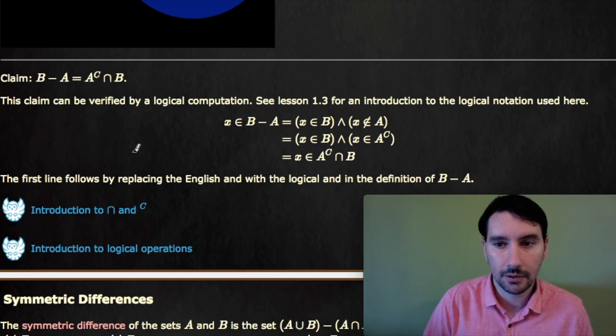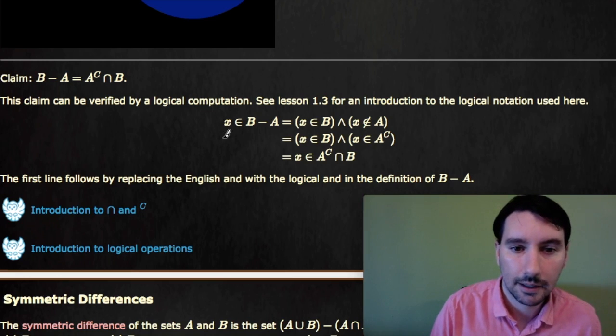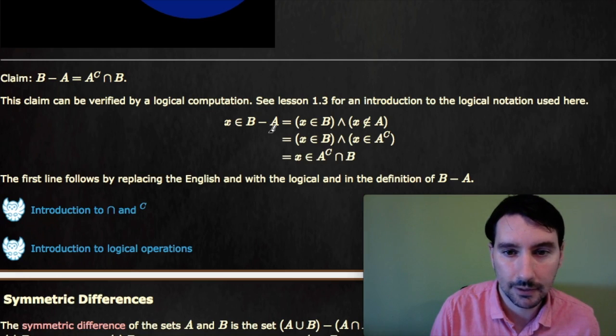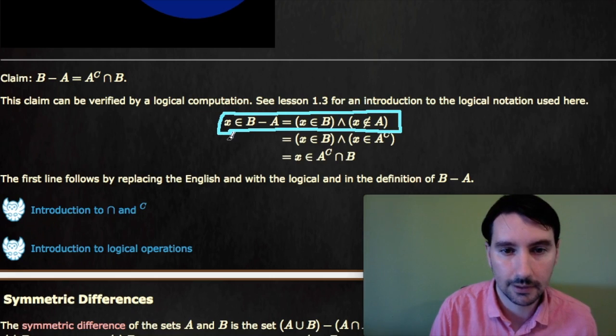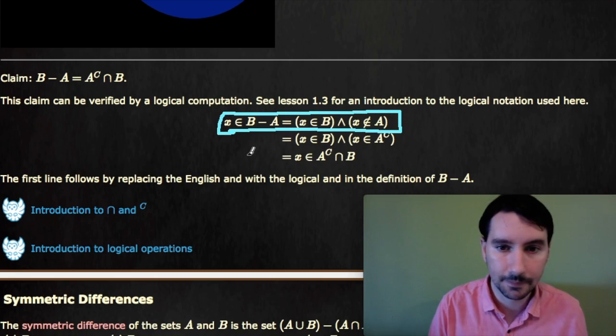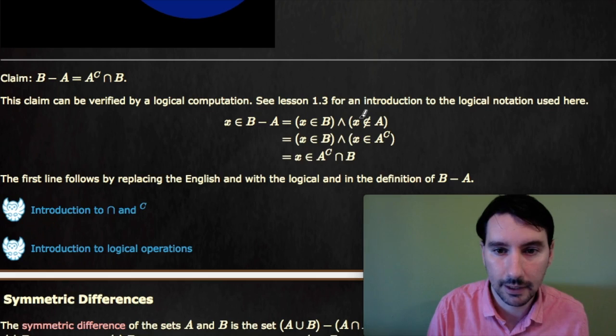And we can show this with logic. So we can do what's called a proof. The element x is in B minus A means x is in B and x is not in A. That's just logically what it means to say an element x is in B minus A. And to say x is not in A means to say that x is in A complement.